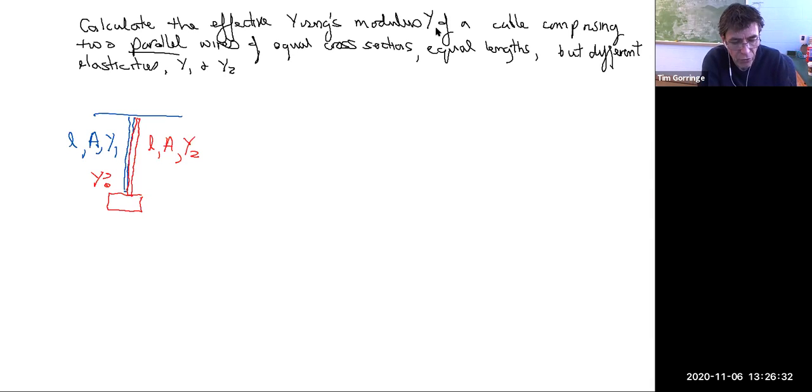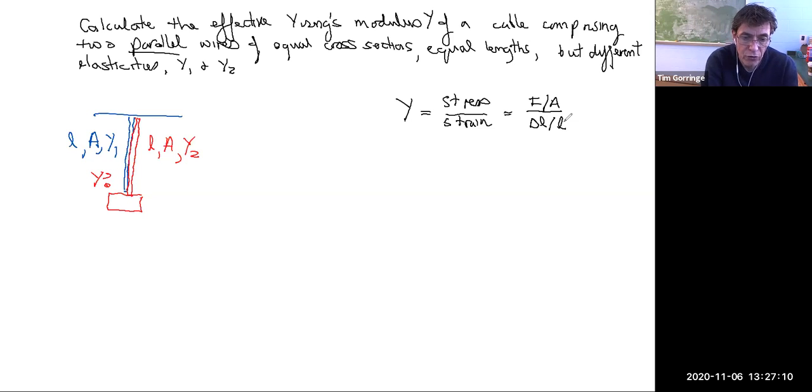Well, we're going to solve this situation again with our master equation relating stress, strain, and elasticity, that the elasticity is the stress over the strain, where the stress is what you do to the cable, and the strain is the resulting elongation of the cable. So specifically, the stress on the cable is the force acting on it divided by the cross-sectional area of the cable, and the strain on the cable is the elongation divided by the length of the cable.